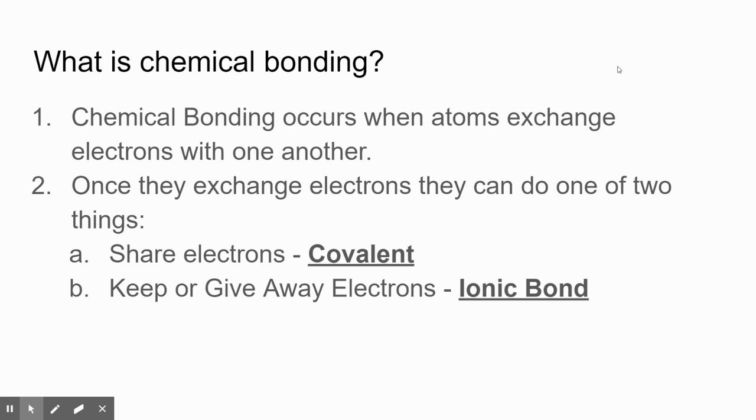It's more of a sliding scale. Some molecules are very polar, where they don't share electrons very evenly, so they're almost like ionic bonds. It's kind of like I said, a sliding scale.